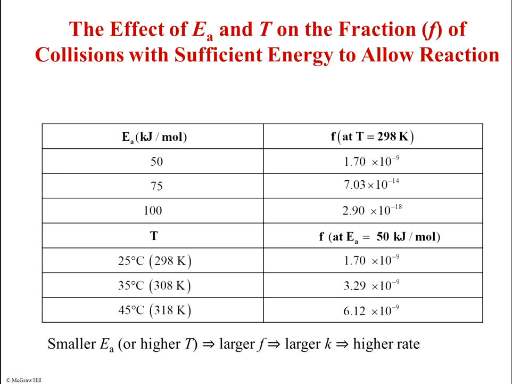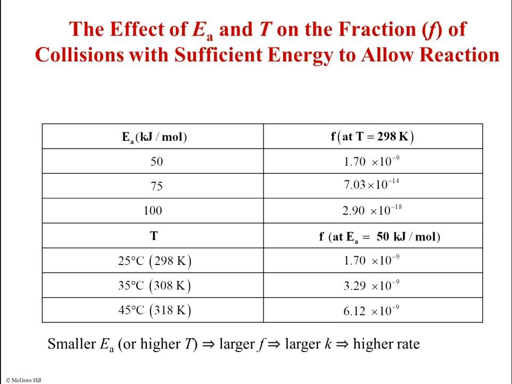And you can see that this number will decrease as the activation energy goes up. So as we increase the activation energy, the fraction of collisions that can make it over the barrier becomes smaller.